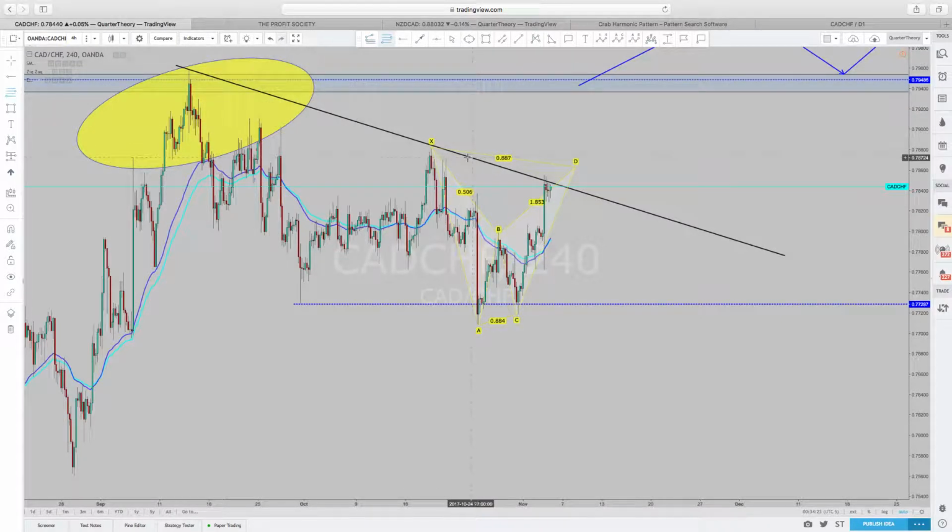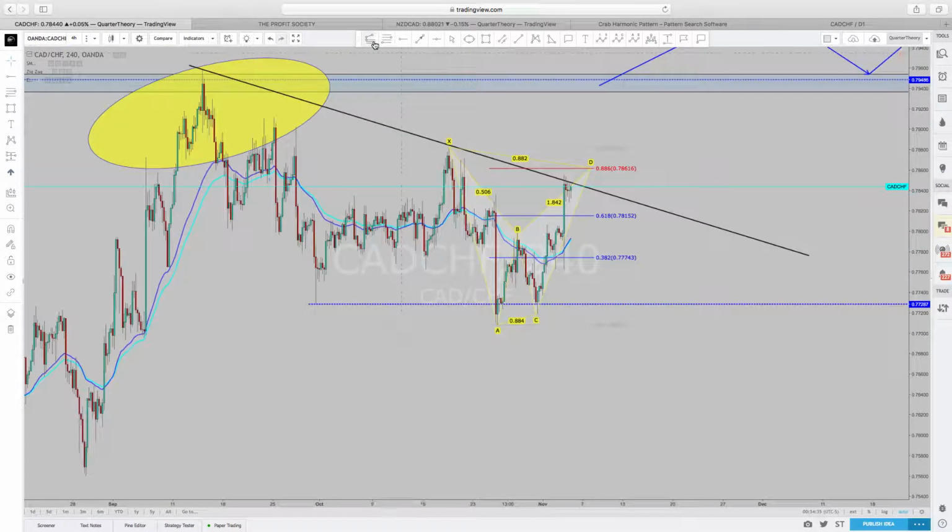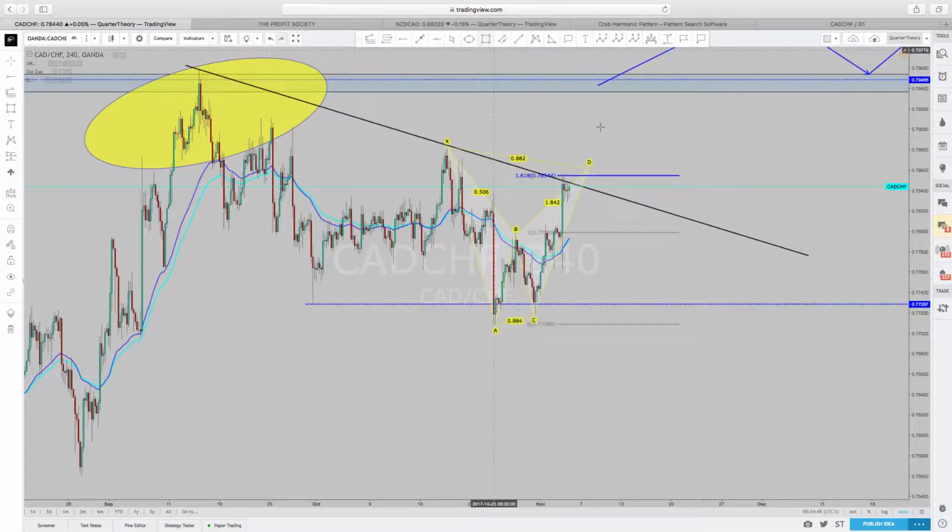I want to make sure I have my ratios correct, because advanced harmonic patterns are based off Fibonacci ratios and their confluence factors, so that we can be pretty sure of where we're going to enter. Right around this area is where I'm going to place my trade.